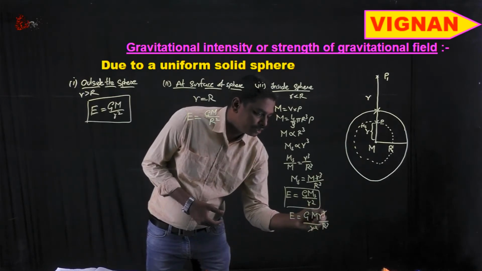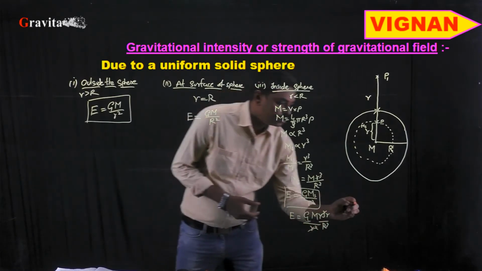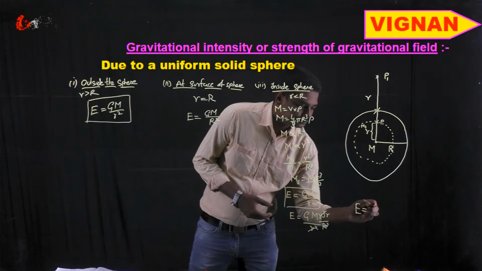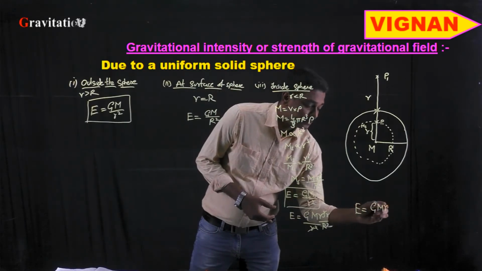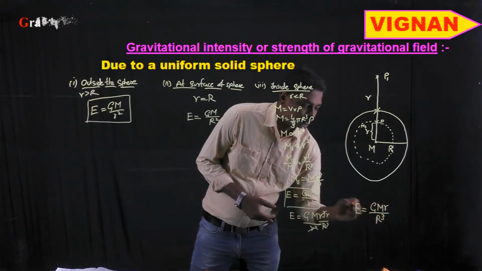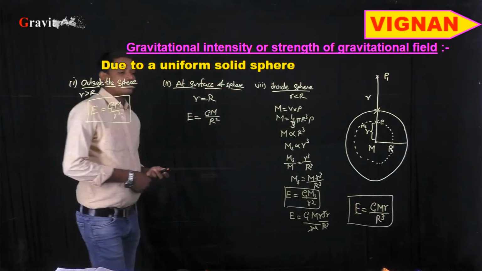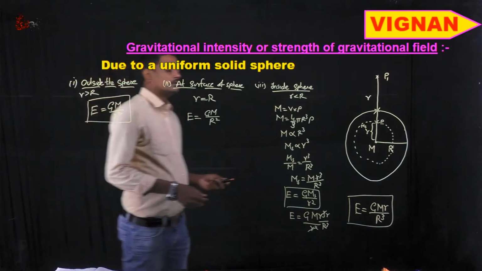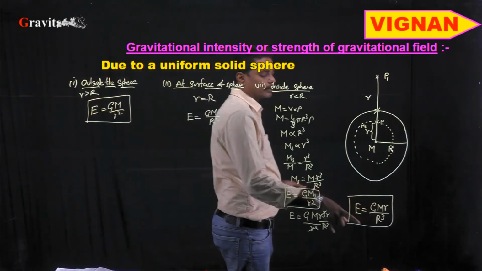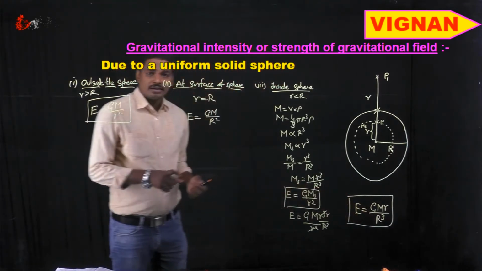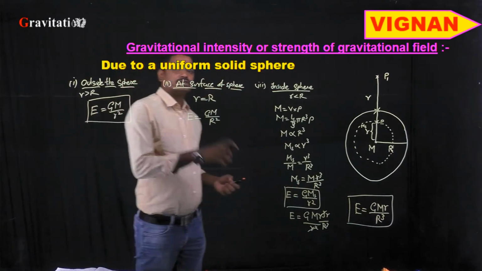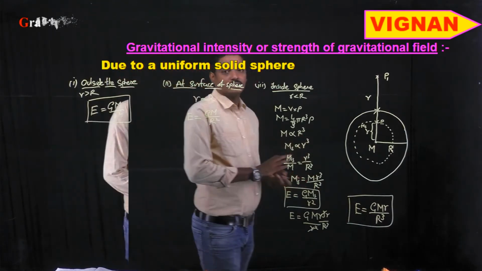Here r square, which means r times, so E is equal to G capital M r by capital R cube. So the intensity of the gravitational field, or the strength of the gravitational field, E is equal to G M small r by capital R cube when the point mass is situated inside the solid sphere.